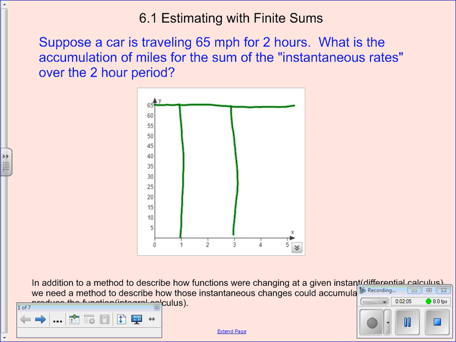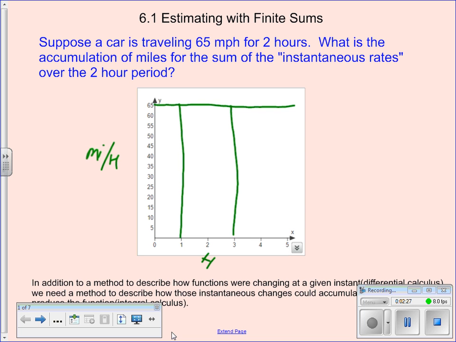What is this measurement here, this distance, or I should say the height? What are the units here? Miles per hour. What are the units across here? Hours.